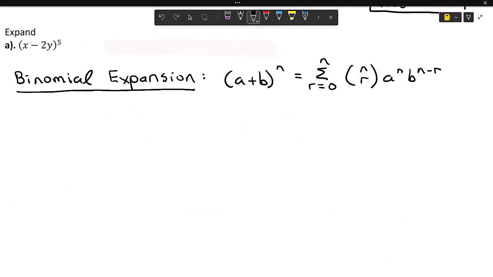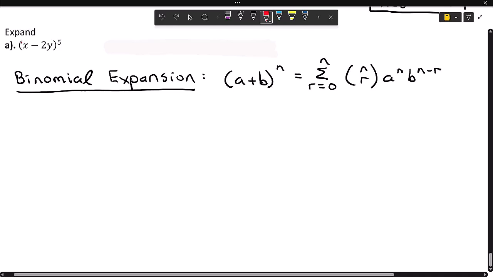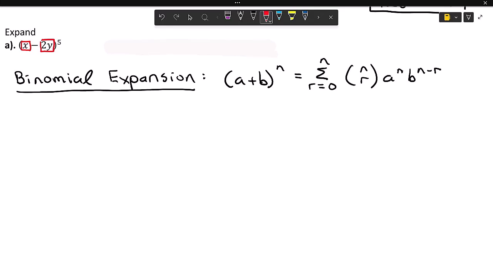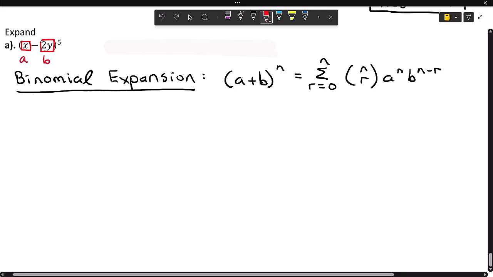On this one, we're going to apply the binomial expansion to the binomial x minus 2y, all raised to the 5th power. The key thing to watch for here is what represents the a and b in the binomial expansion. Here it has a plus b to the n power, and it gives us the definition of that. a is going to be the x, and b is going to be the negative 2y collectively.